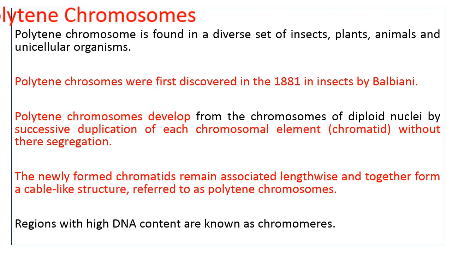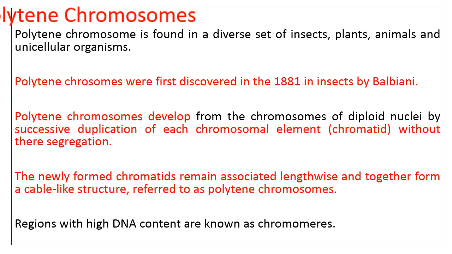As we know, whenever a staining procedure is carried out on DNA or chromosomes, some regions of the chromosomes get darkly stained, which are known as heterochromatic regions, and some regions are lightly stained, which are known as euchromatic regions.